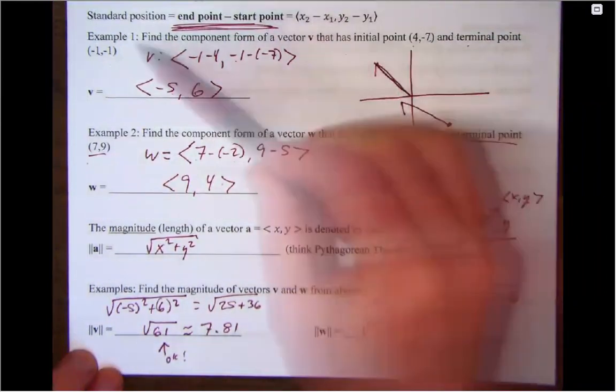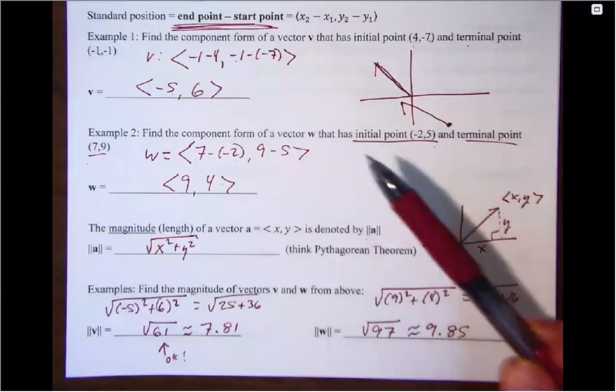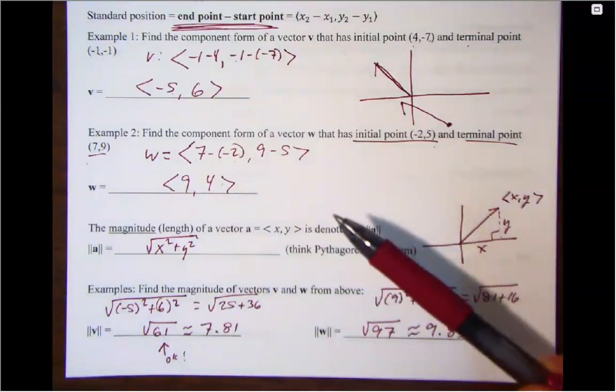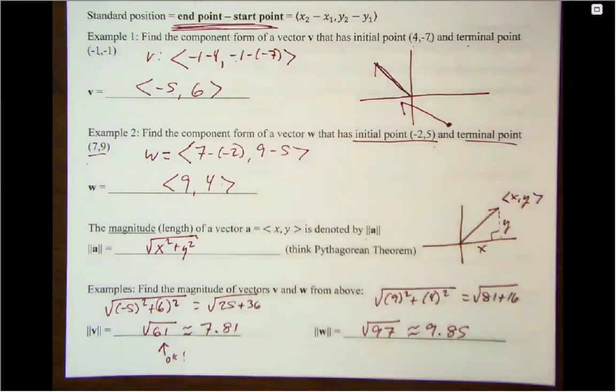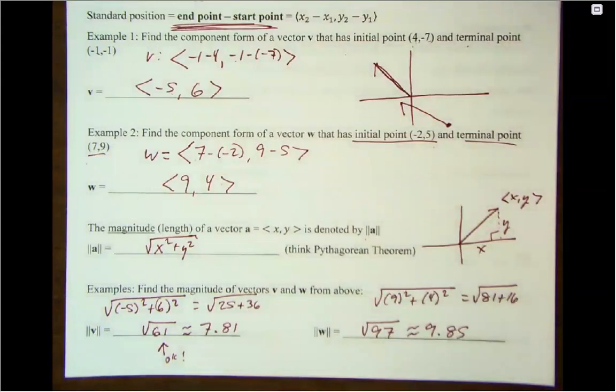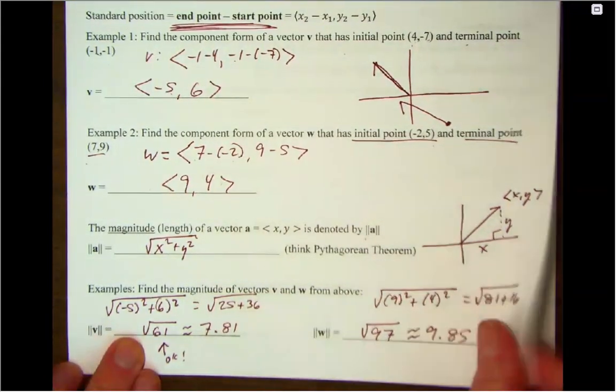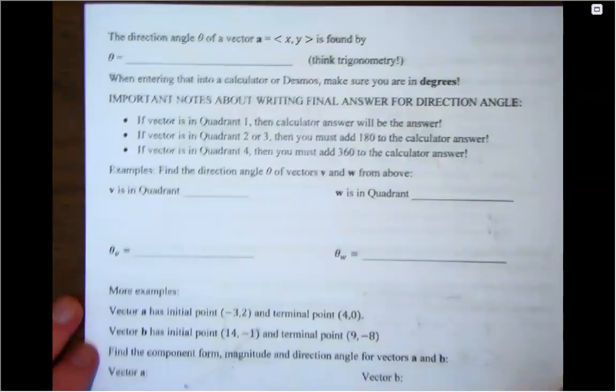So start with 2 given points, find the standard position vector, find the magnitude, find the direction angle. All right, so let's talk about direction angle.